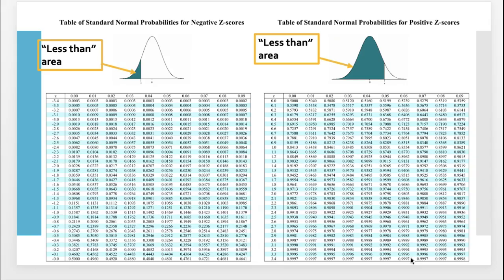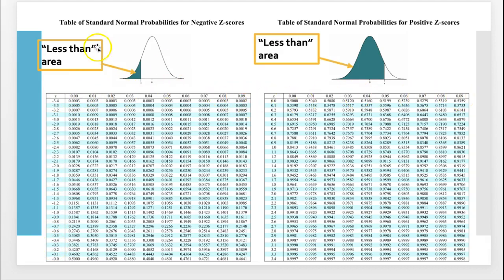Just in terms of using these tables, all these numbers in here represent probabilities. They're all decimals between 0 and 1. The column gives us the ones and tenths value of the z-score, and this row gives us the hundredths value of the z-score.